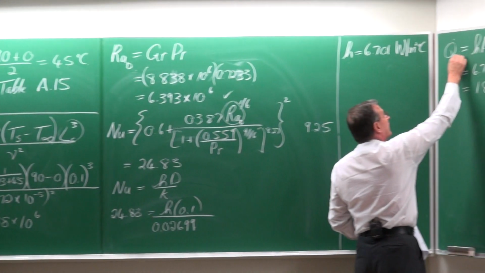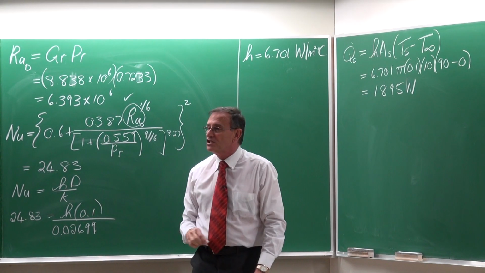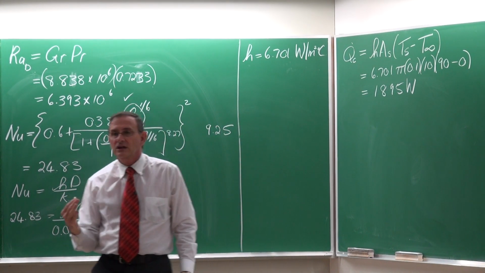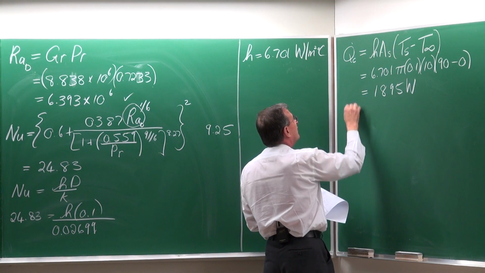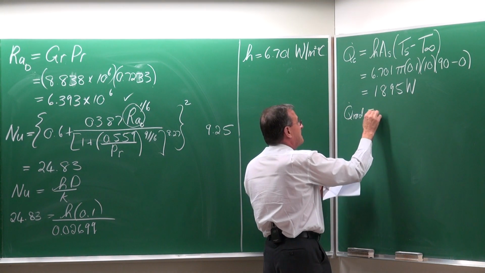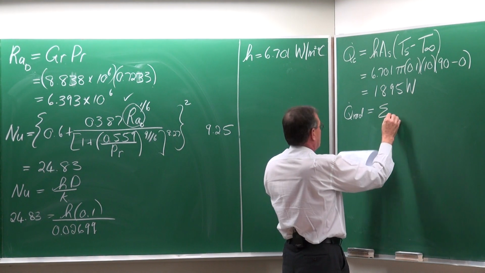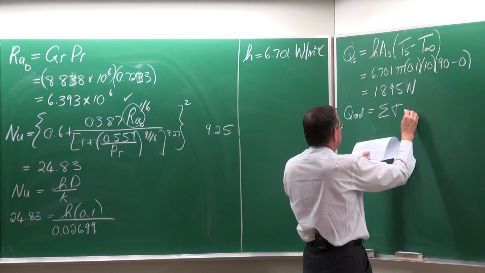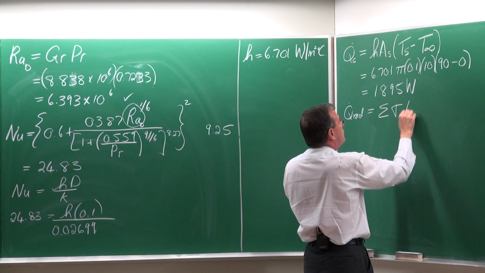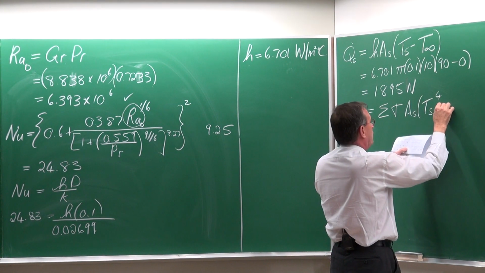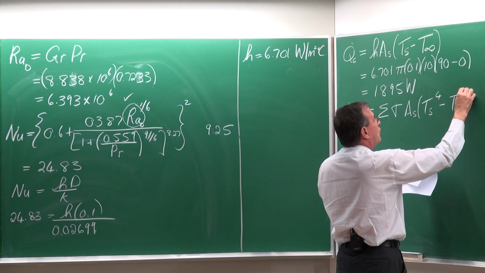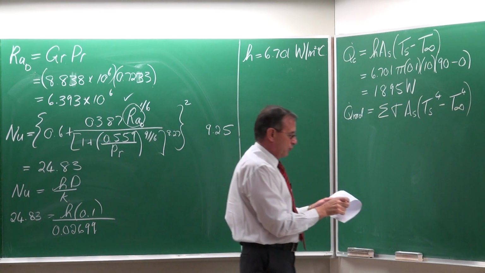So let's call that QC, which is the convection losses, and we go and calculate the radiation losses. The radiation losses can be simplified by the emissivity multiplied by sigma, AS multiplied by the surface temperature to the 4th minus that of the environment to the 4th.